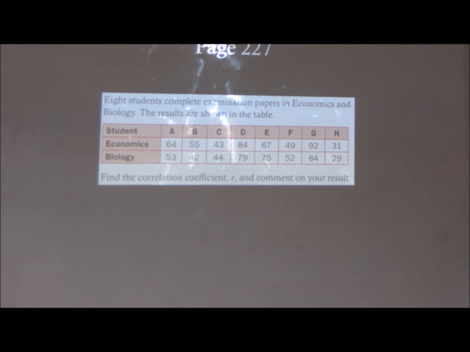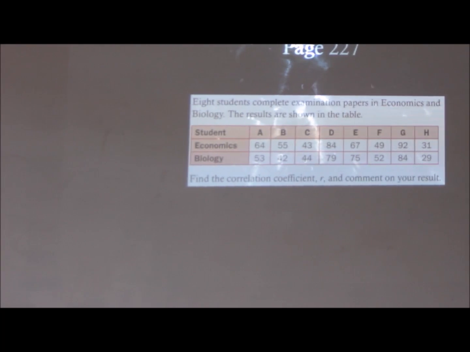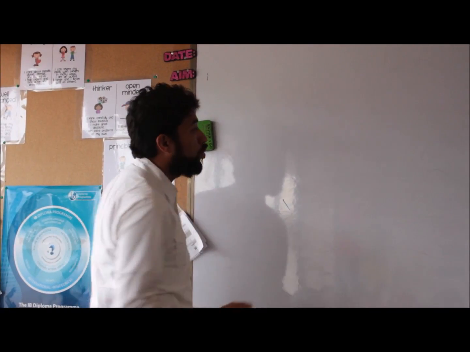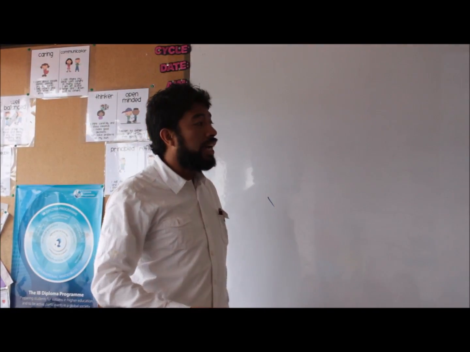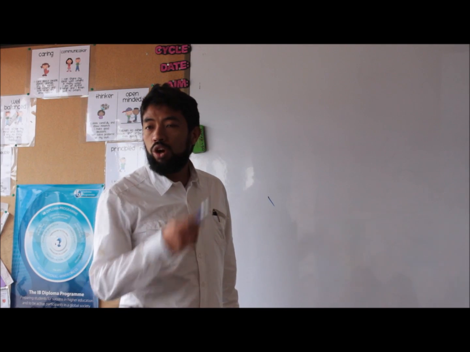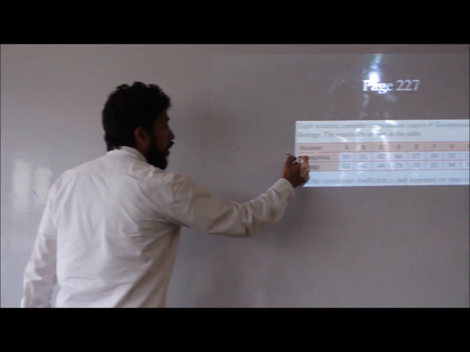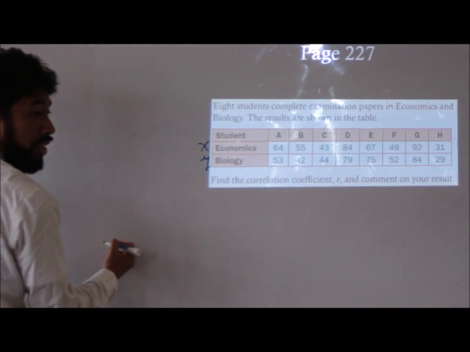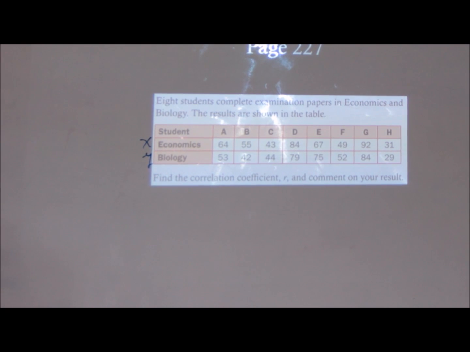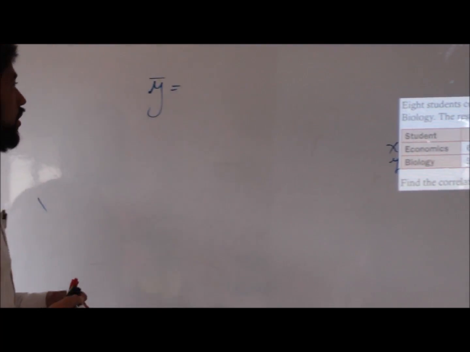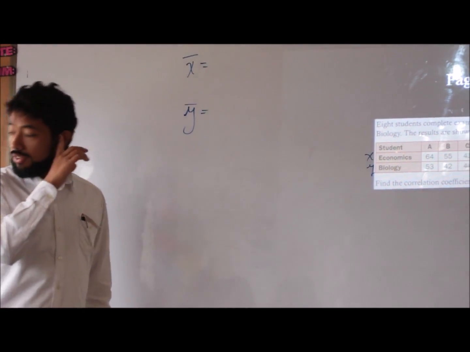In order to perform some calculations in no time, I need your calculators. And the first thing I need is the mean of each set of data. I'm going to name the first one X, the second one Y, and the first thing that I need is the mean of the set X, the mean of the set Y. How do you find it?